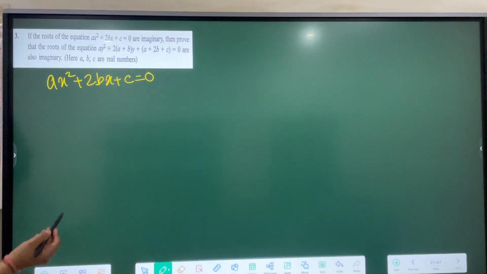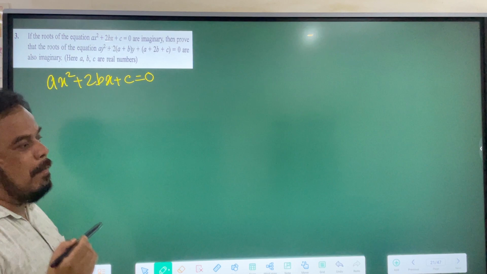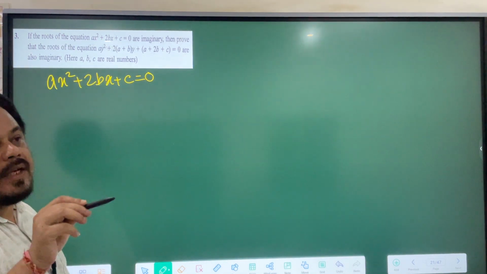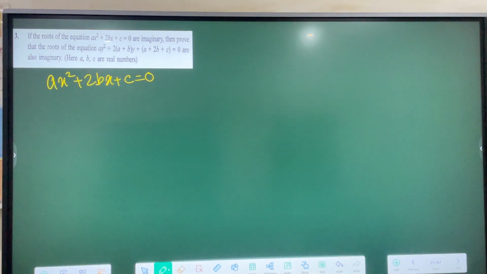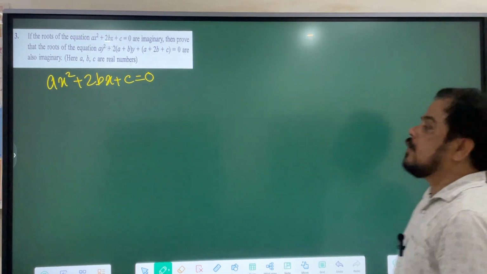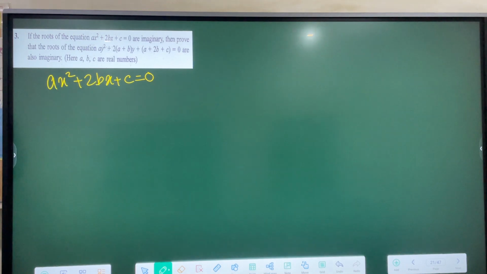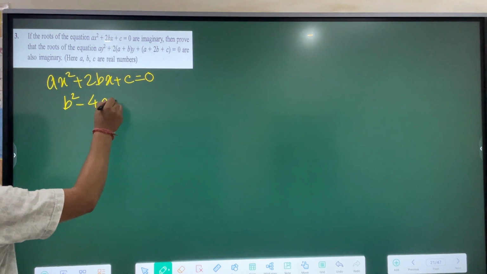So when do we know that the nature of the roots is imaginary or complex or not real? When b square minus 4ac is less than 0. For this equation b square minus 4ac is less than 0.